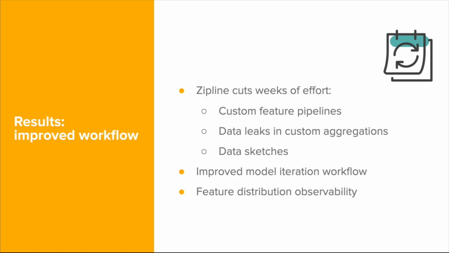Because if one of your pipelines has, say, a certain type of data leakage, in machine learning you'll catch that all the way downstream when you push it to prod, and you'll see that it hugely underperforms compared to what you had in the training and test environment. What Zipline allows you to do is catch this and iterate on it quicker by running this process multiple times ahead of time. If you see any problem in your data, you can recompute your training set in a matter of several hours, which is a huge productivity boost, especially for some models where it takes a whole month to compute a training set.